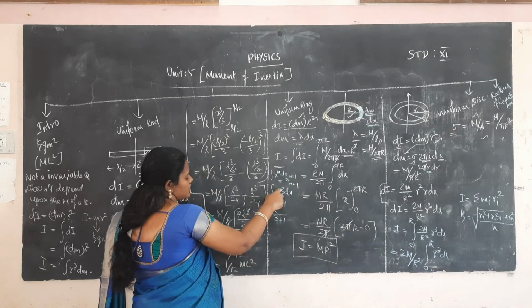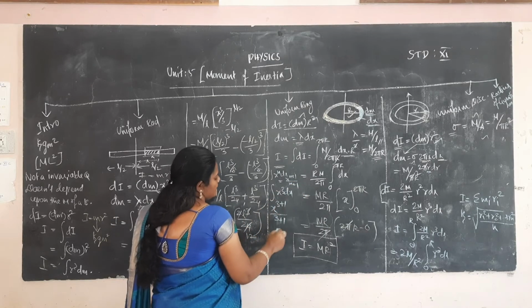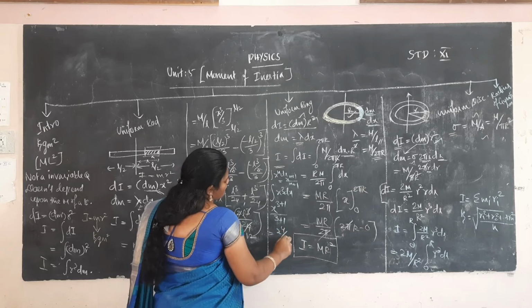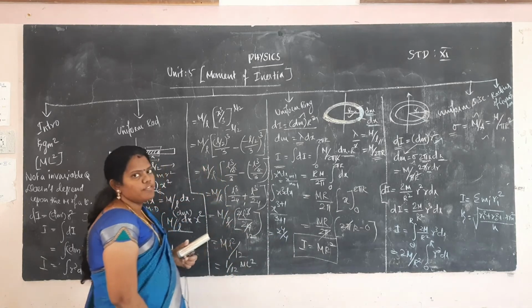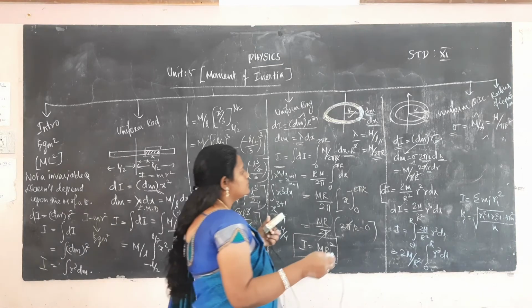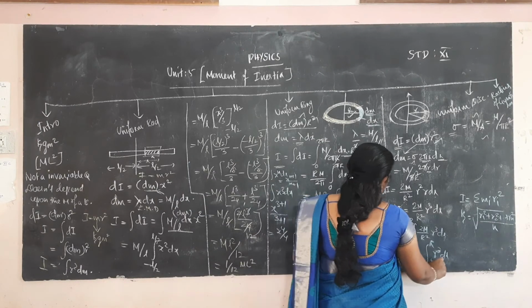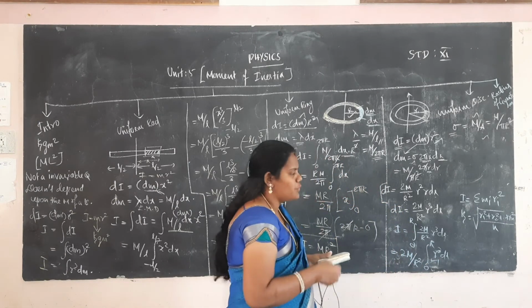So x cube into dx is x power 3 plus 1 by 3 plus 1, which is x power 4 by 4. So r cube integrates to r power 4 by 4.